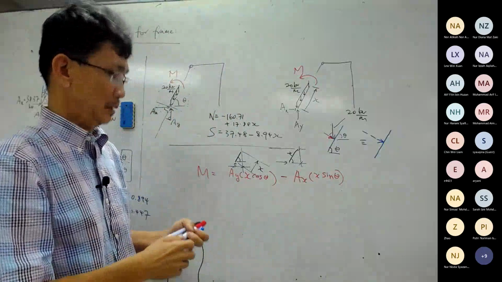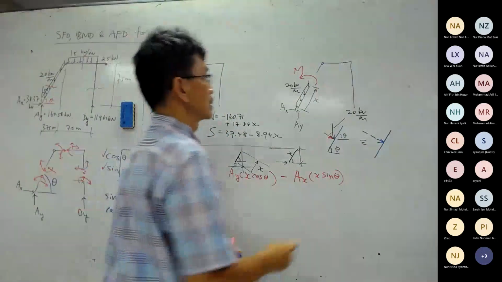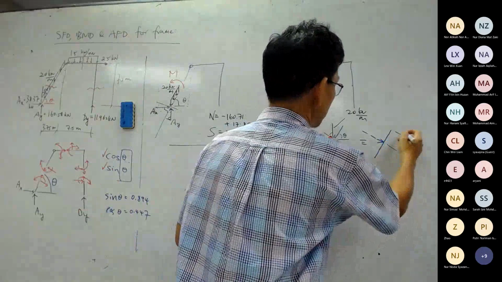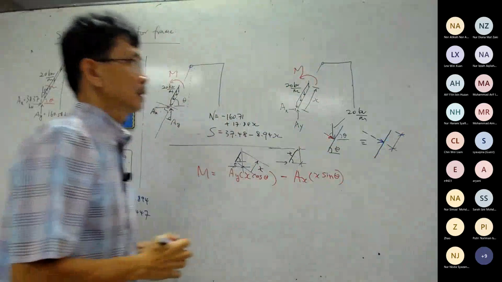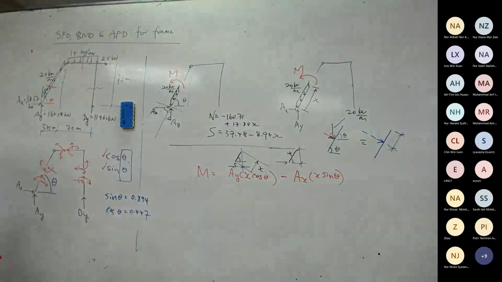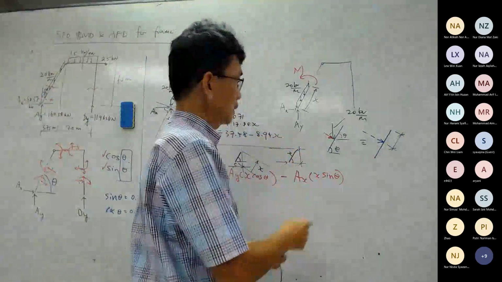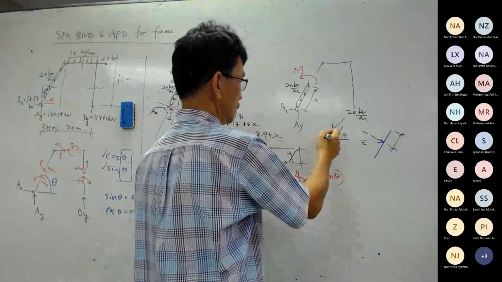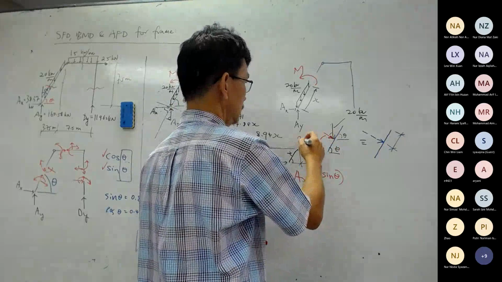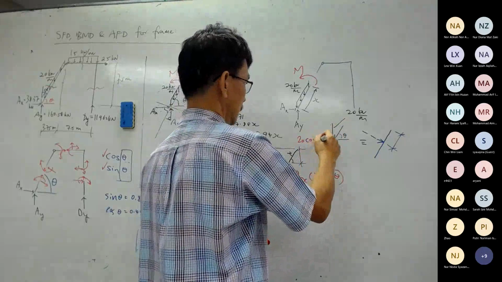Then you multiply with the perpendicular distance, which is this distance. Then you get the moment caused by this. So this is equal to 20 cos theta.